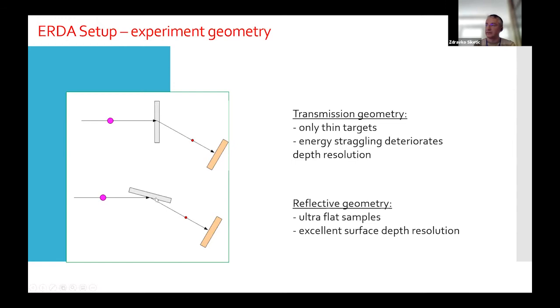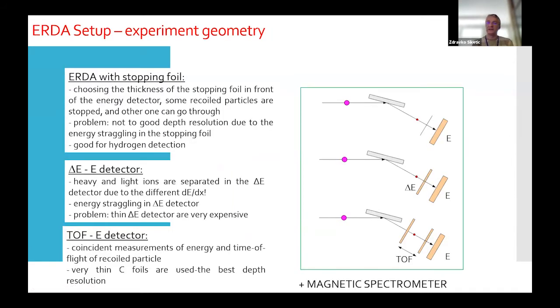If you work in reflective geometry, then you need ultra flat samples, but it has excellent surface depth resolution. The main problem with ERD compared to Rutherford backscattering is that in backscattering you detect only one particle species, but in ERD you detect everything from hydrogen to everything that is present in the sample.